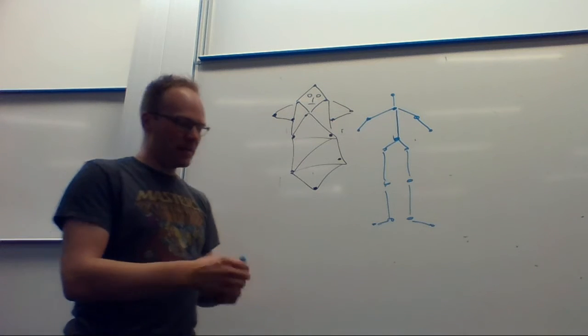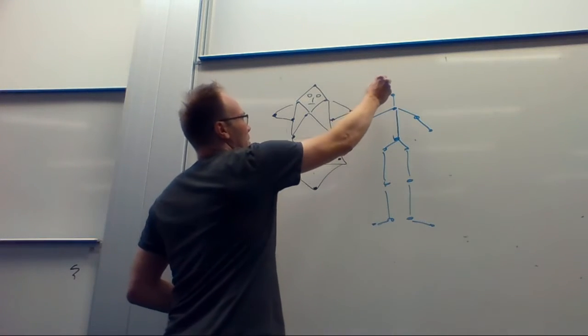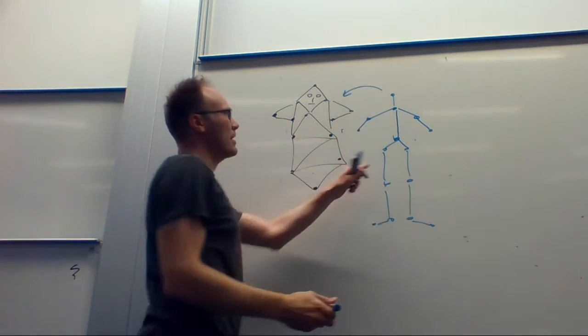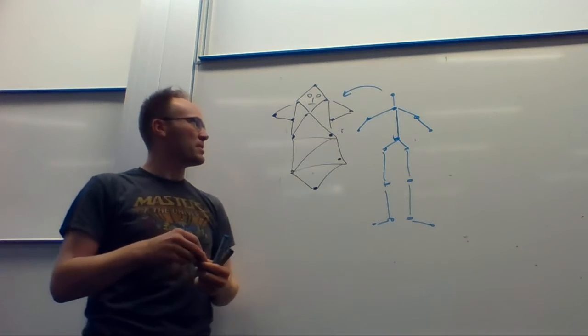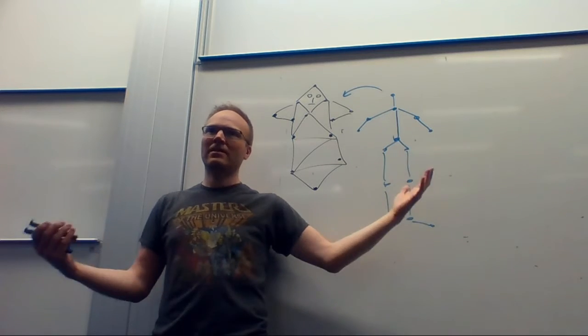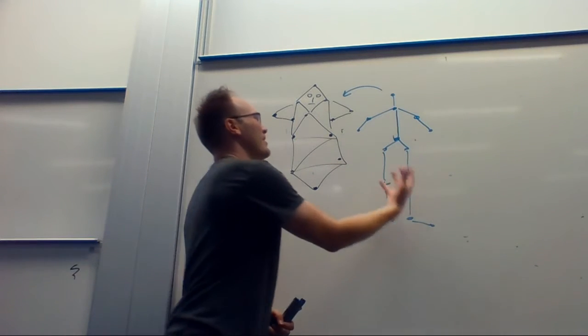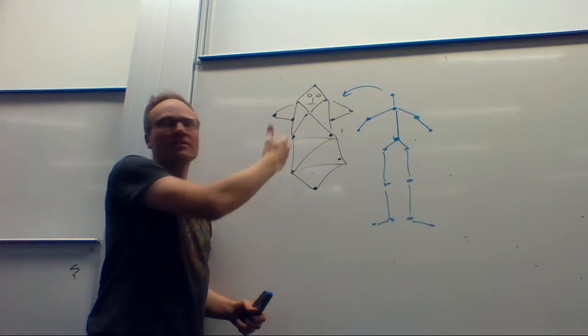And then there's a process that applies a skeleton like that to a model. And this is the process called skinning. So it's kind of like dressing up the bones in the skin. You could also say like you're taking this and inserting it into the skin.